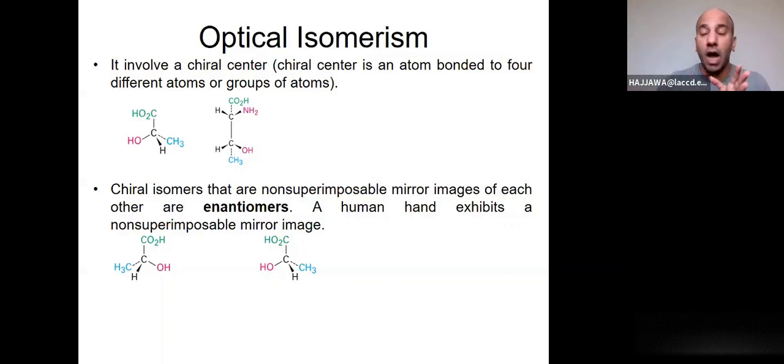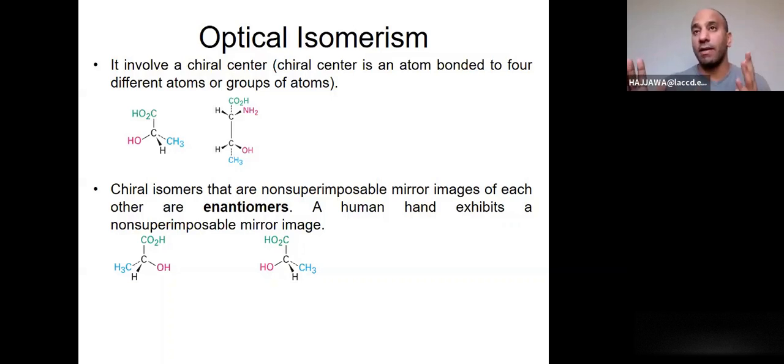There are other types of optical isomers. The very first type we're going to learn is enantiomers. What are enantiomers? Molecules that have the same chemical formula, same connectivity, different arrangement in space, rotating the plane polarized light in opposite direction.